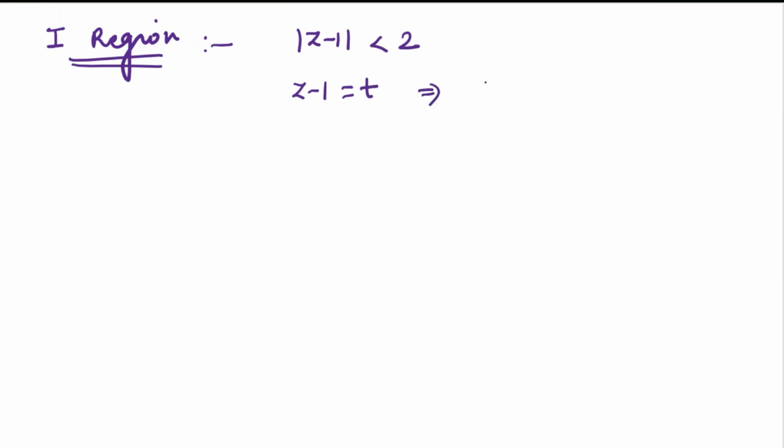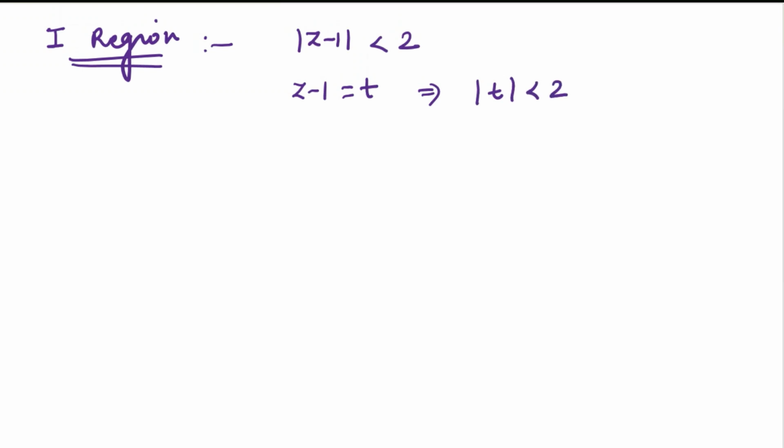So for the first region, mod z minus 1 is less than 2. We can write z minus 1 equal to t for our convenience. So it gives us mod t less than 2.